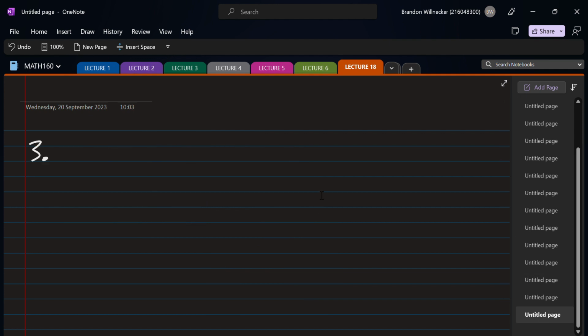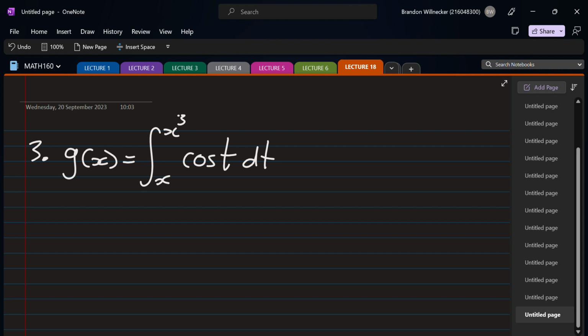Okay, number three. So we have g of x is equal to the integral from x to x cubed cos of t dt. Here we can't do things directly like before because the bottom part is a function of x and the top part is a function of x. So we need to split it up first. So a little bit of working before.